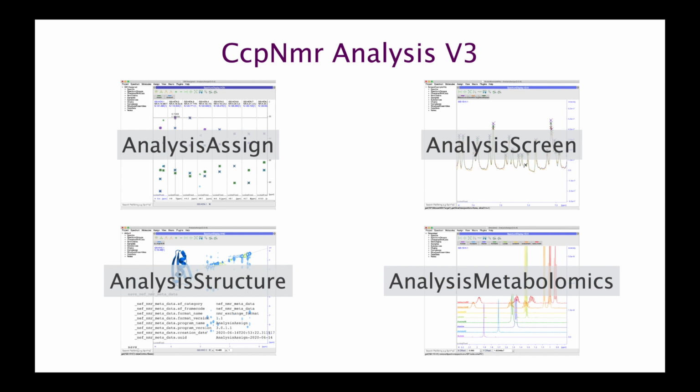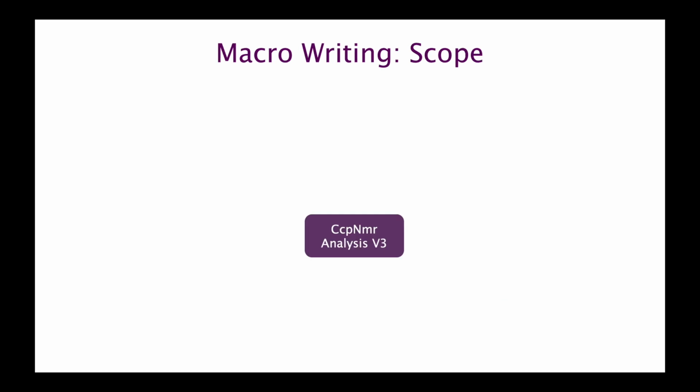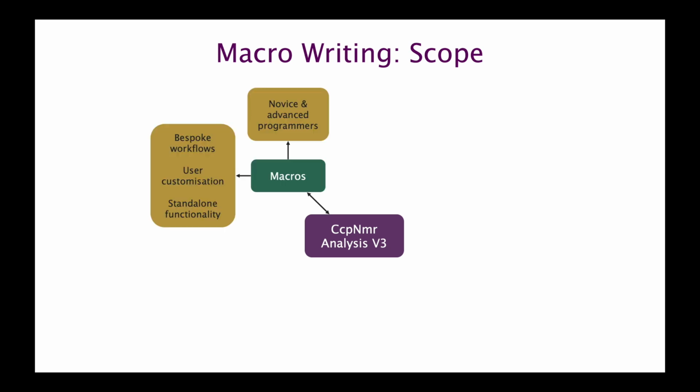Before we actually go into the macro writing, I want to just give you a sense of where we see the macro writing fitting in the context of people wanting to add their own functionality to our program. So macros are something we envisage being accessible both to novice and advanced programmers.